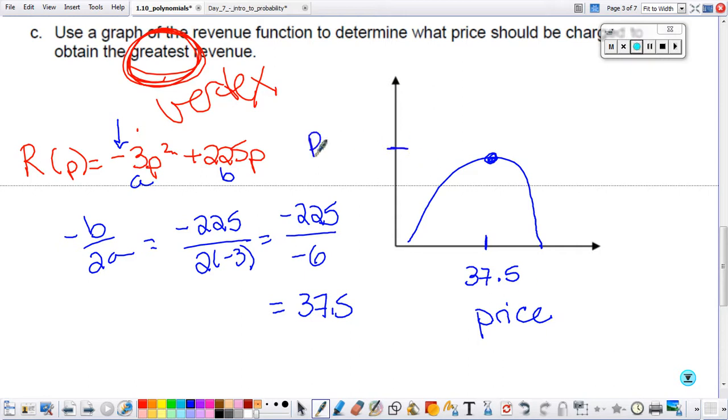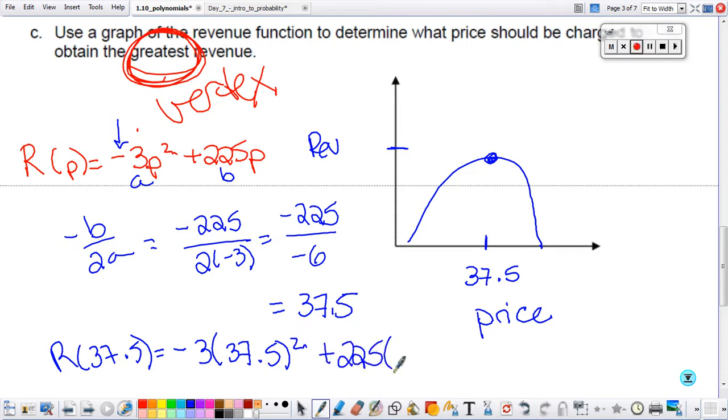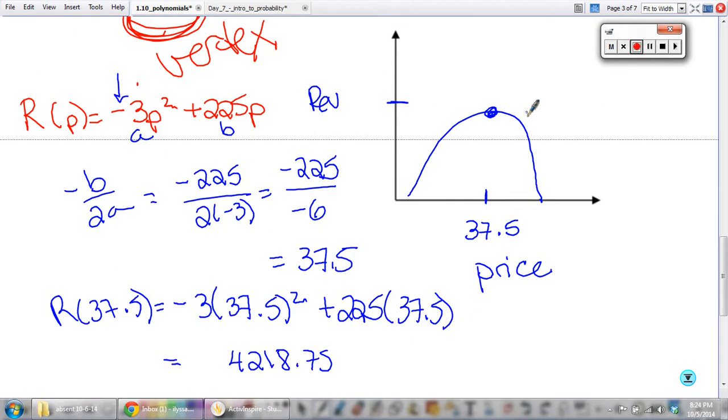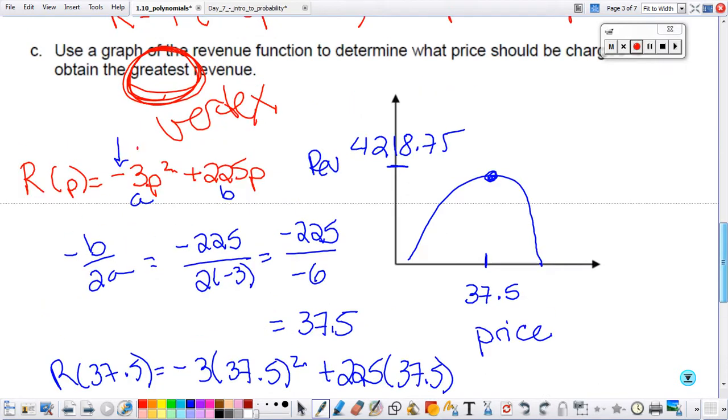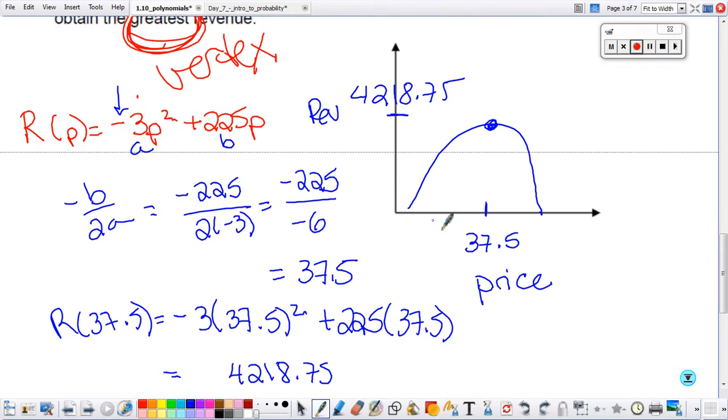Then if I find the revenue, the y value, I'm going to take the 37.5 and plug it in for P. It's going to be very helpful if you have your calculator. And when we calculate it, we get the revenue of $4,218.75. The question specifically says, what price should be charged? So actually, I could have stopped at the $37.50.